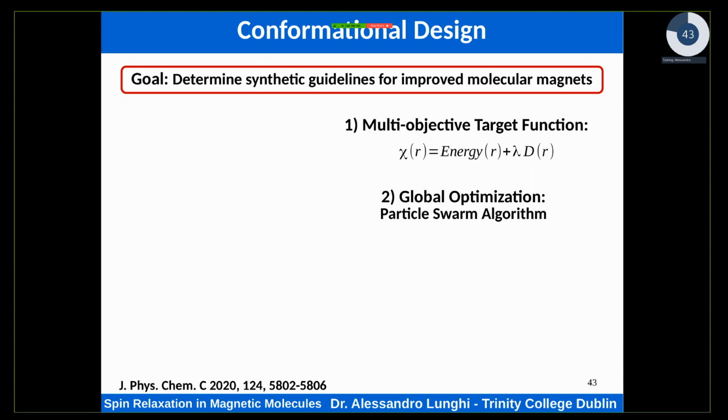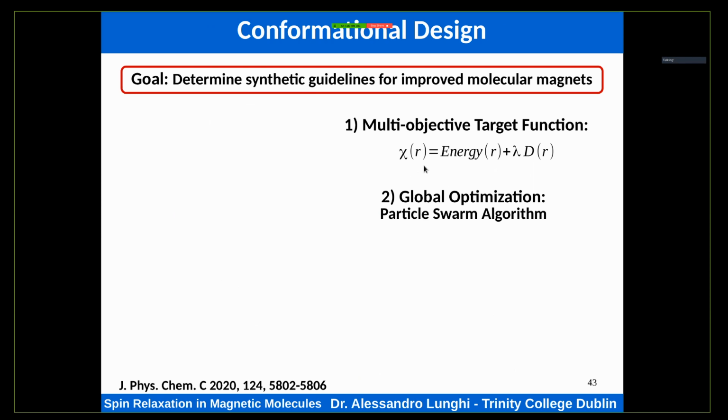Let's see a possible application of these kinds of models. Here, what we want to do is a fast conformational screening for this molecule, to see if we can get some guidelines on how to distort the ligands in order to improve our property without completely damaging the molecule, of course.